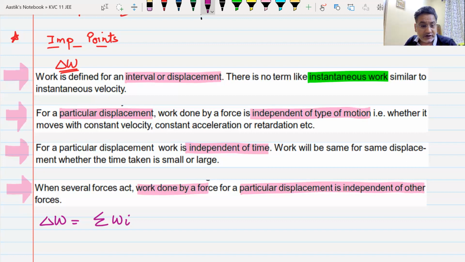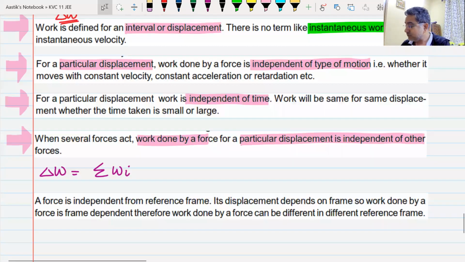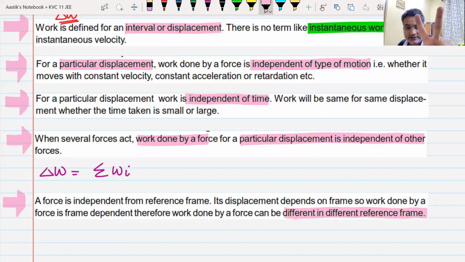It is independent of all those things, but what does it depend on? Work done depends on the reference frame. Why does work done depend on reference frame? Because work consists of two things: one is force and one is displacement. A real force always remains a real force, whatever frame of reference you see.